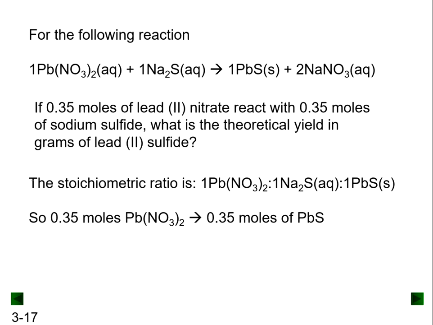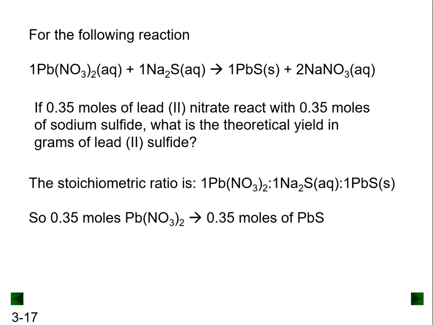Therefore, this reaction is at stoichiometric equivalence because we have 0.35 moles of lead nitrate and 0.35 moles of sodium sulfide. That's equal to 1 to 1. Therefore, we expect to generate 0.35 moles of lead 2 sulfide. That is our theoretical yield of our product.